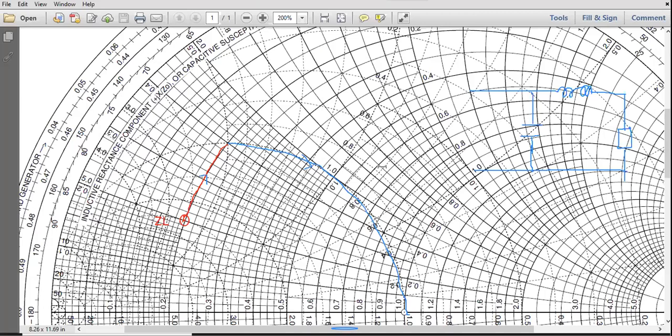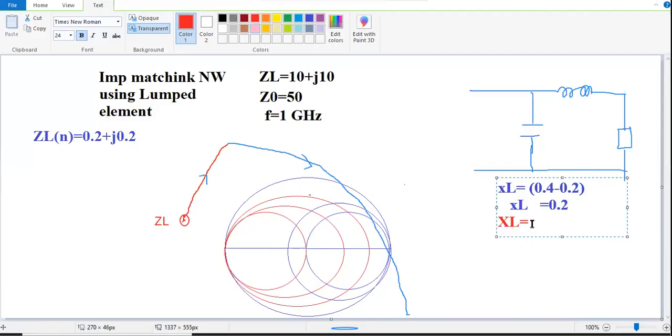Now in the normalization, what do we do? We divide by Z0. So for the denormalization, we have to multiply by 50. Yes, am I right? Because we divided. So here 0.2 is the small xl.